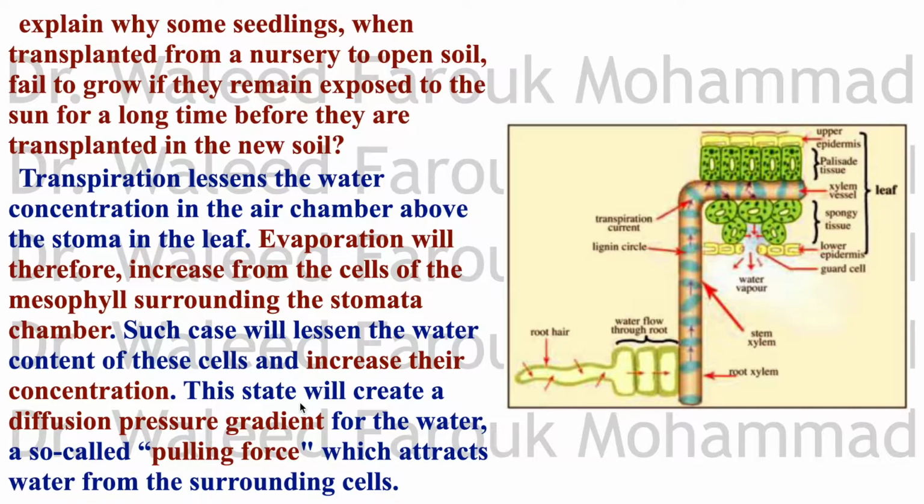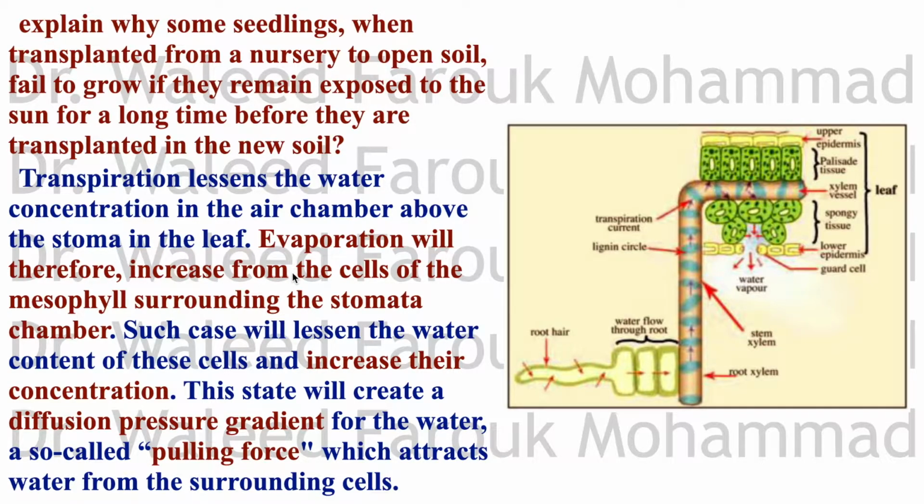Now, there is a question, why some seedlings, when transplanted from a nursery to open soil, fail to grow if they remain exposed to the sun for a long time before they are transplanted. Well, exposure to the sun means more evaporation, means the water inside these areas will be concentrated.